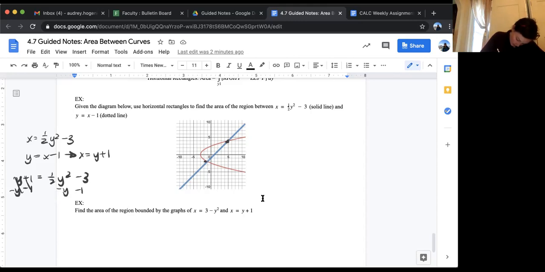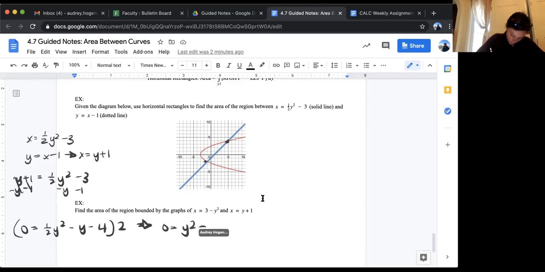So then I get 0 equals 1/2 y squared minus y minus 4. I don't want to deal with that 1/2 fraction, so I'm going to multiply everything by 2, and then this becomes 0 equals y squared minus 2y minus 8.